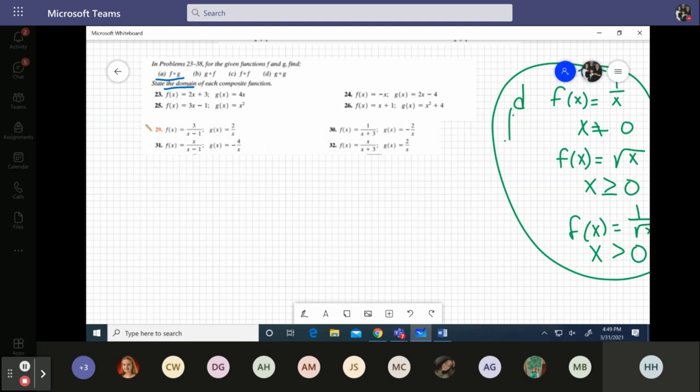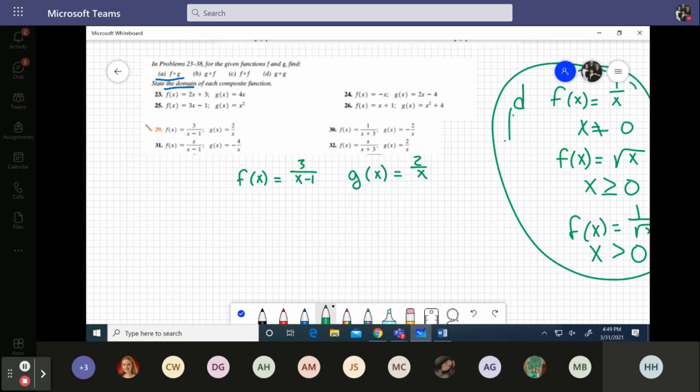So for 29, I'm going to do f of g. f of x is 3 over x minus 1, and g of x is 2 over x. So I have this guy in play right here. I can't have a 0 in my denominator.